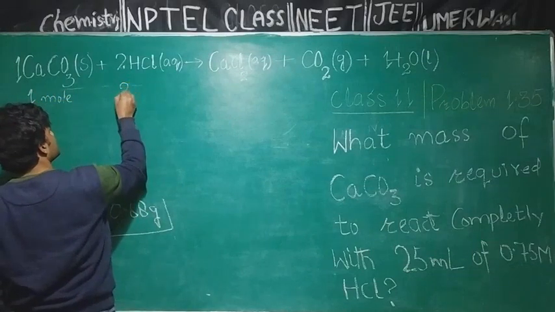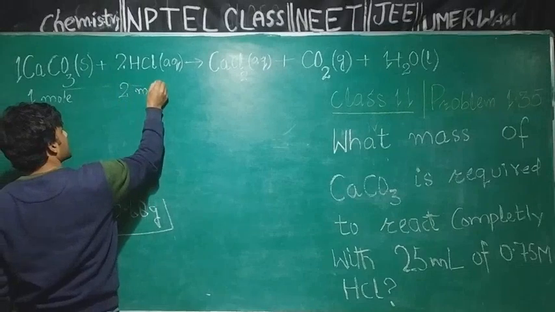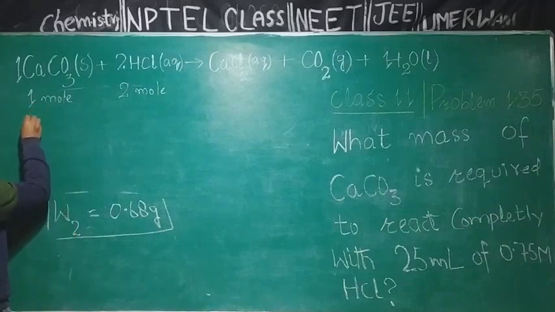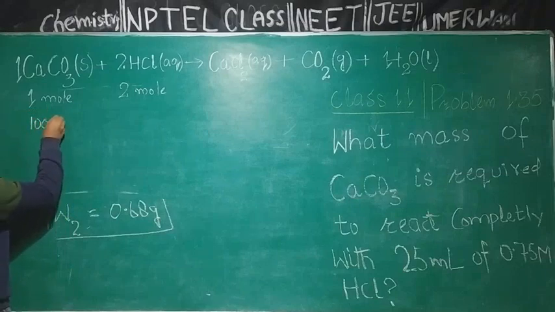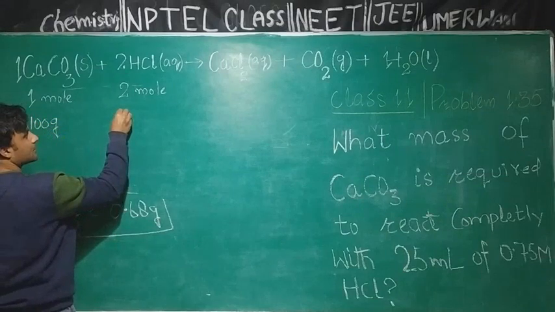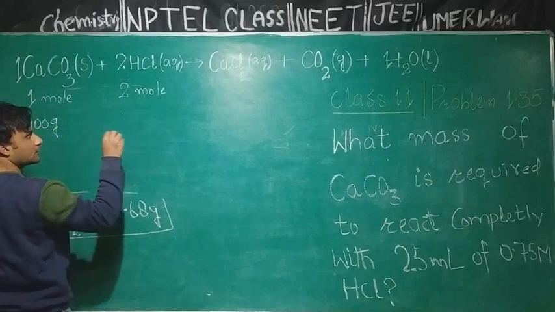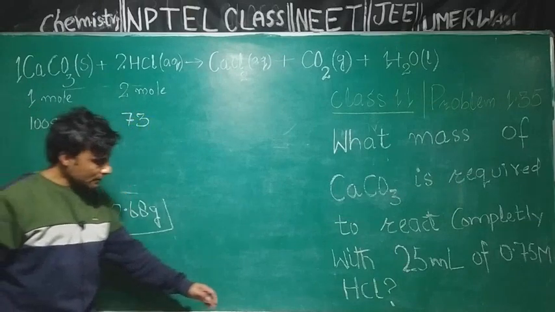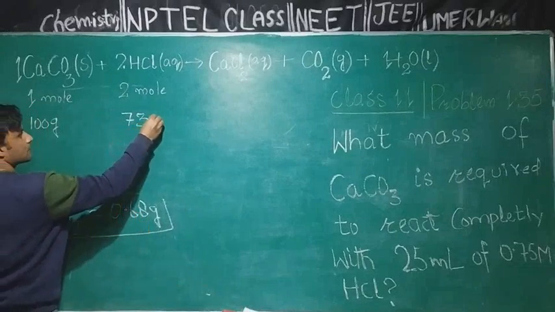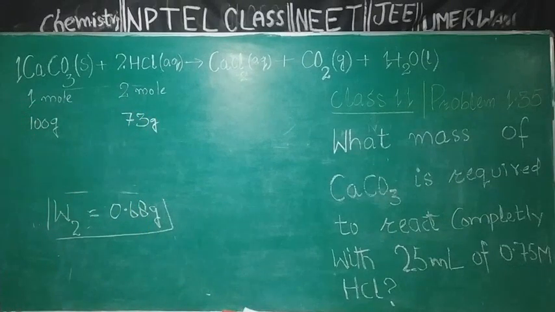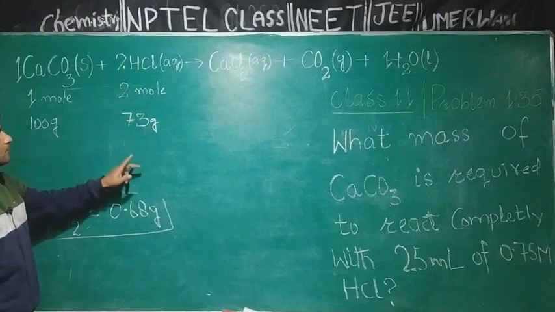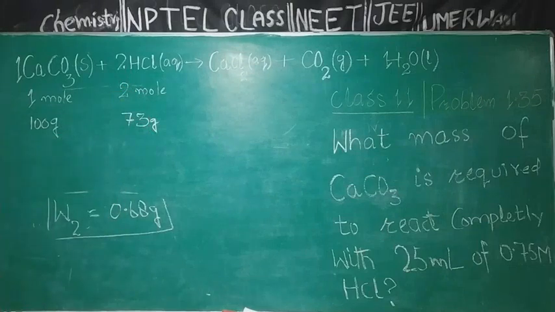The stoichiometric coefficient of HCl is 2, so the number of moles of HCl involved is 2. 1 mole of calcium carbonate has a molar mass of 100 grams, and for HCl, 1 mole is 36.5 grams, so 2 moles is 36.5 multiplied by 2, which comes to 73 grams.